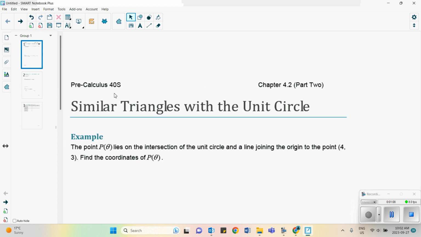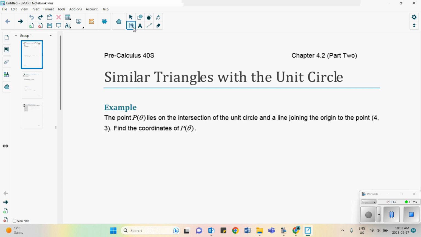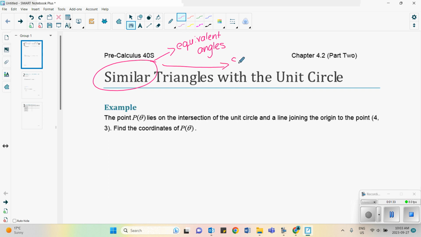So the word similar means they have equivalent angles in the 2 triangles, and their sides are proportionate.